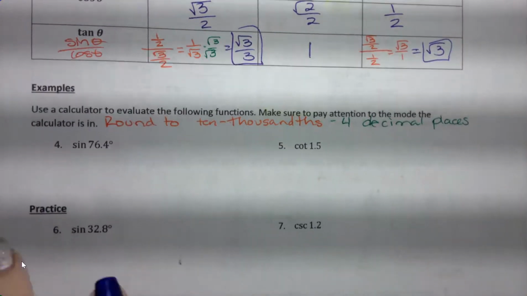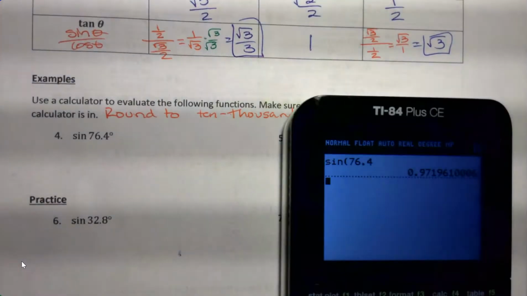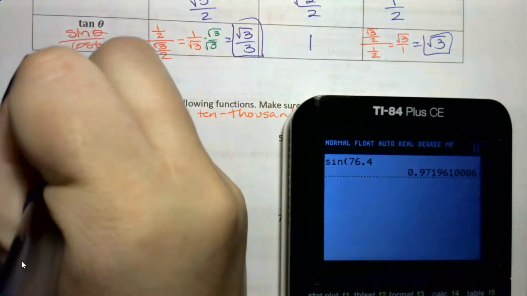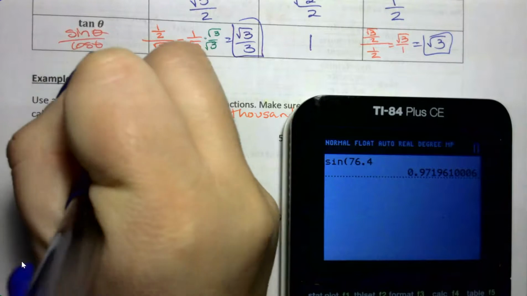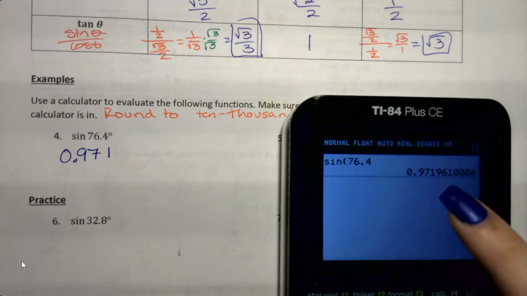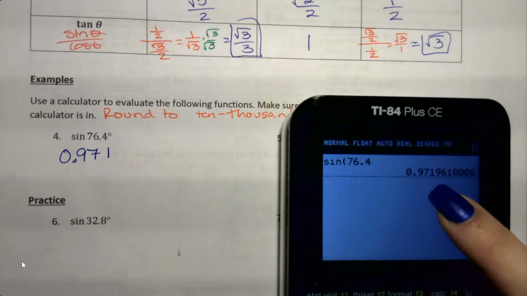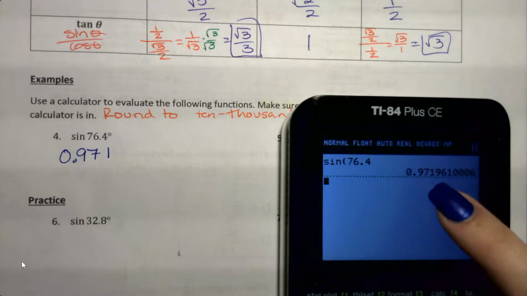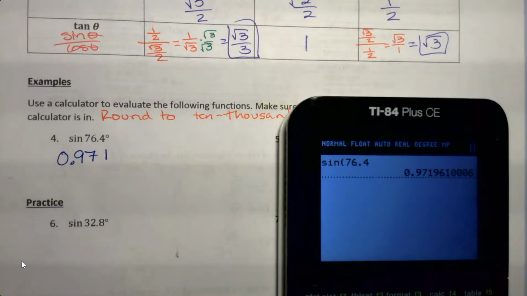Okay. So if I take a look, 4 decimal places here is 0.971, and then, actually I shouldn't have written that one. The 4th number is a 9, but the 5th number after it is a 6. So the 6 is going to cause the 9 to round to a 10, and because it's rounding to a 10, I need to add 1 to that 1 I wrote on the paper.